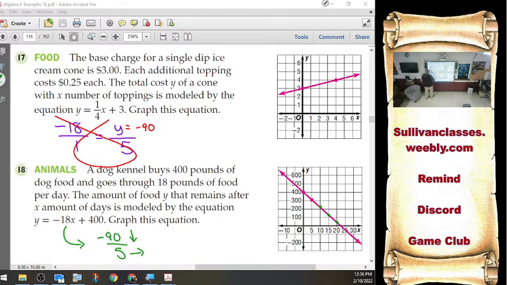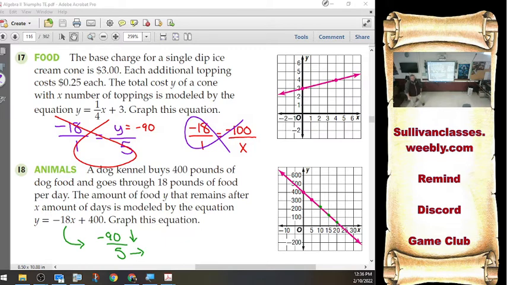Another one I could do is instead of going down 90, right 5, I could have also said negative 18 over 1 is, well, if the y-axis is going by hundreds, what if I say go down 100? How far over do I go? Grab a calculator.